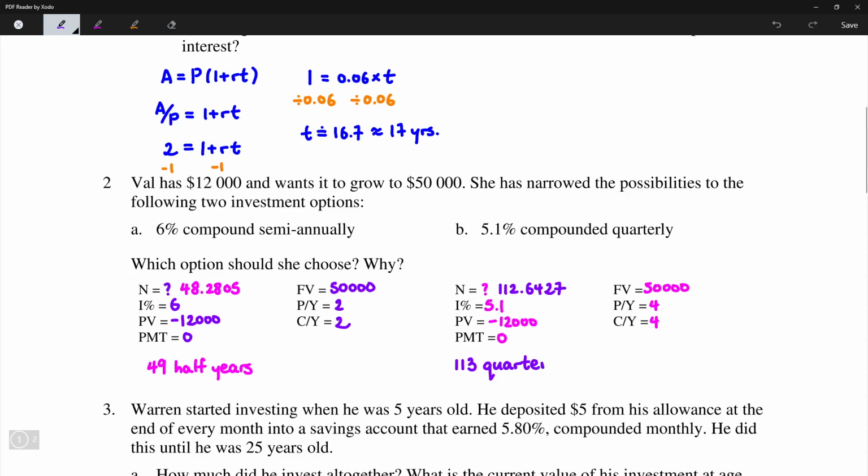So right now we are comparing half years to quarters. So in order to have a comparison that makes sense, we can simply multiply the 49 half years by 2, since there are 2 quarters every half year.